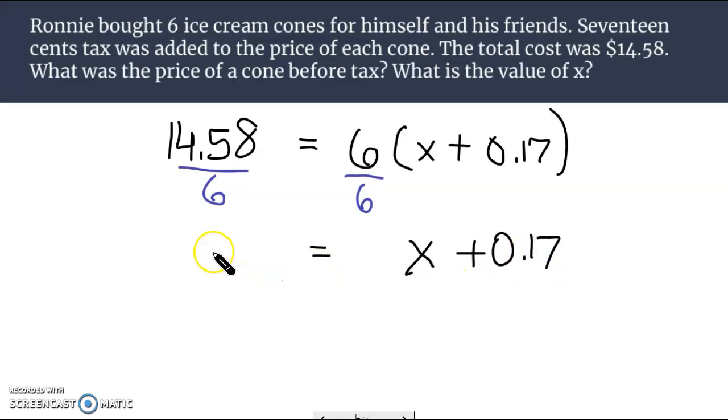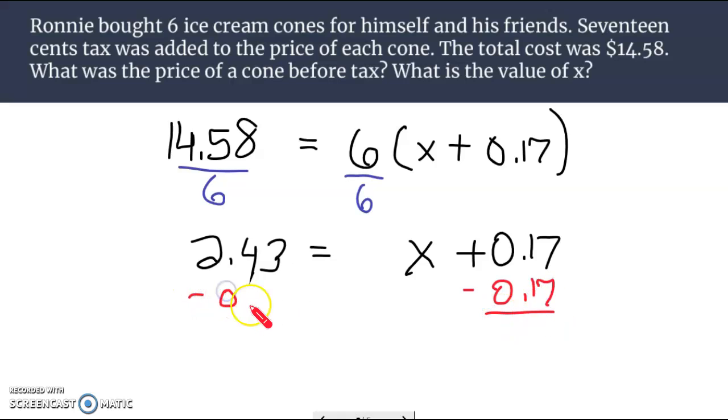And if we take in the calculator 14.58 divided by 6, it comes out to $2.43. And then in order to solve for x, we just need to do one step here, minus 0.17. Quick plug in the calculator, 2.43 take away 0.17, $2.26. And that is x.